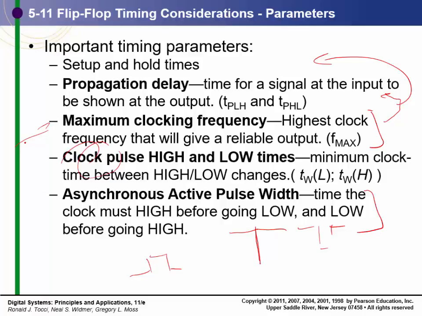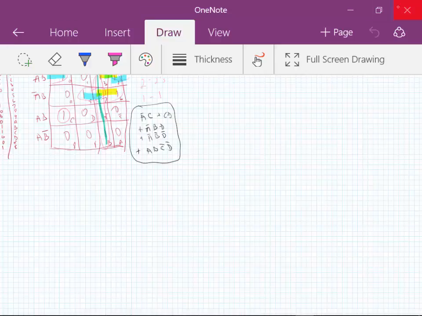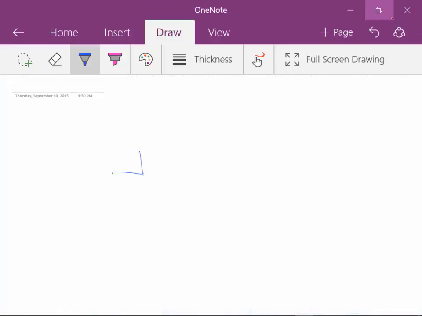Remember that things only change on the clock edge, right? They only change here. So there's nothing that says you can't do this, because the only time we care about is here.